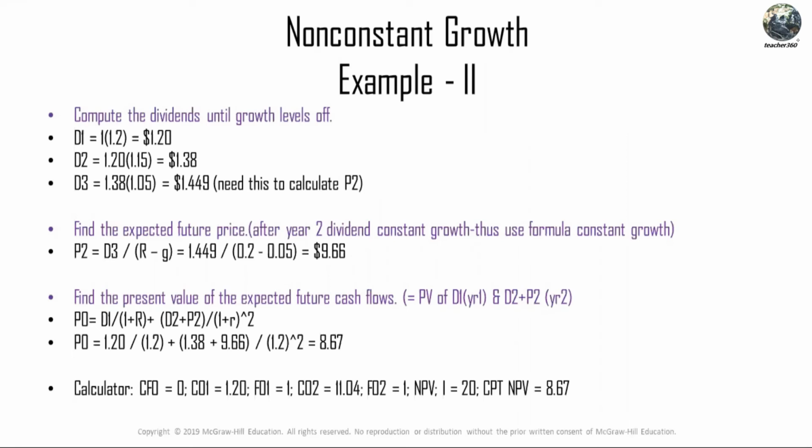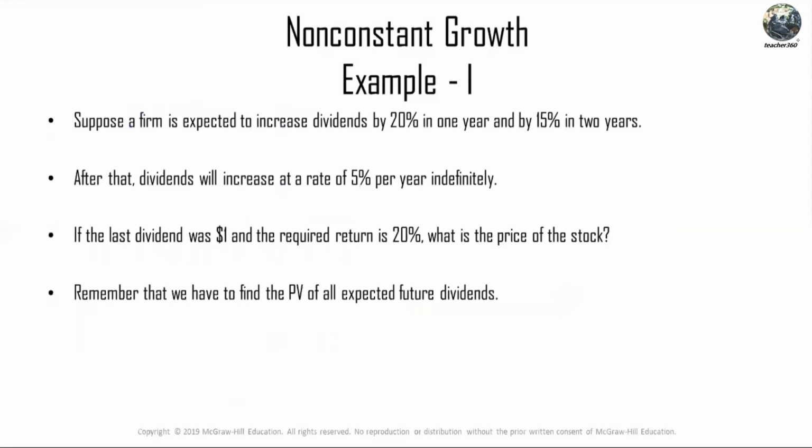According to the formula, P2 equals D3 divided by R minus g. Here in the question, it already mentioned that the dividend growth rate in year 1 is 20% and year 2 is 15%. And thereafter it will increase at a constant rate.